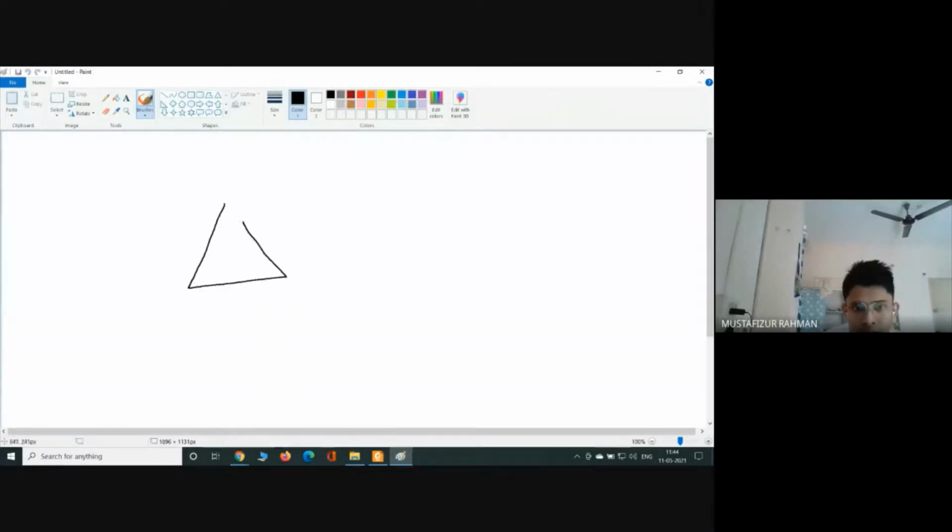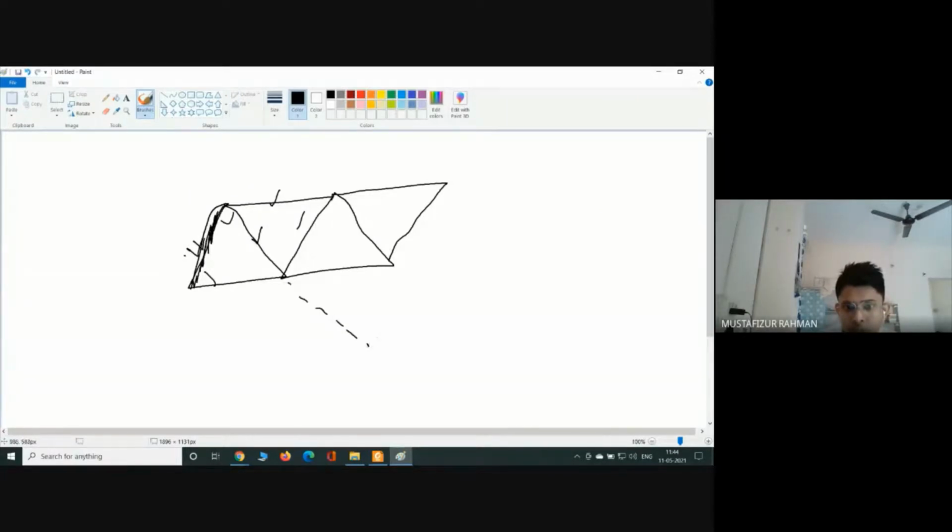Now when we are saying that we can create a network of triangles, that means we can carry out the survey work in different ways. For example, we can take this as the baseline. First, we are measuring the length of this line. Then we are calculating these angles, right? Then we are going this line, this line, this line. Then maybe we can go this way also, or this way.